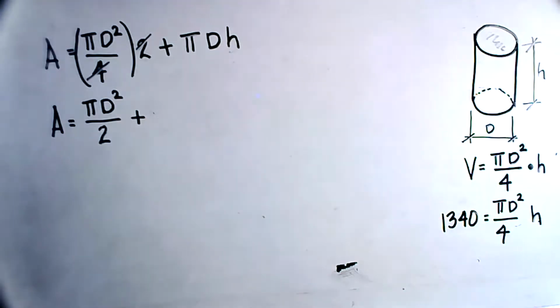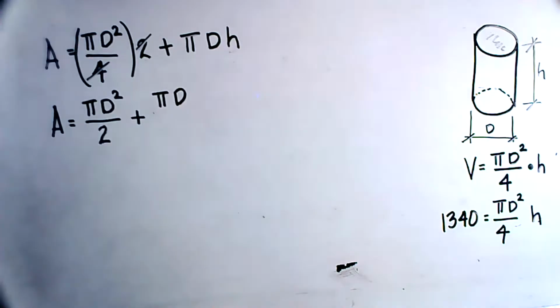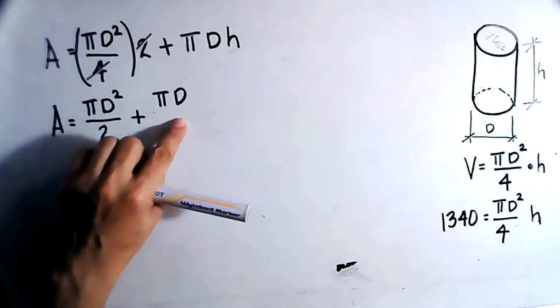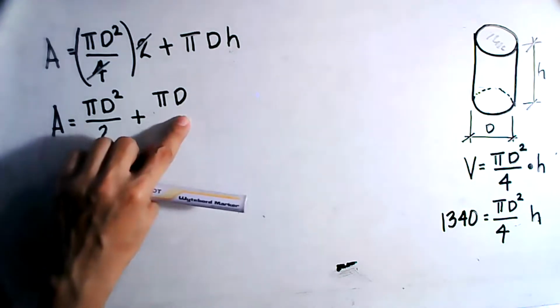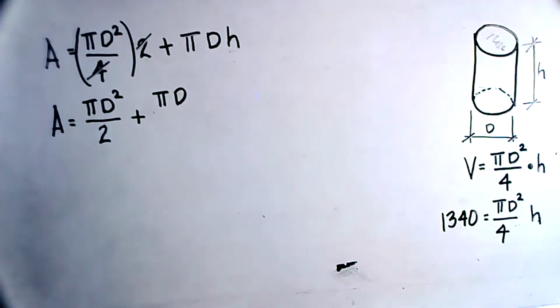plus, of course, you have pi d times h. And take note that we are going to express h in terms of d using the formula for the volume, because we would want to have a consistent variable, a known variable, so we might as well express area in terms of d by expressing h in terms of d also.